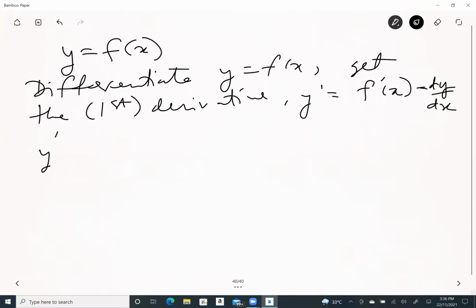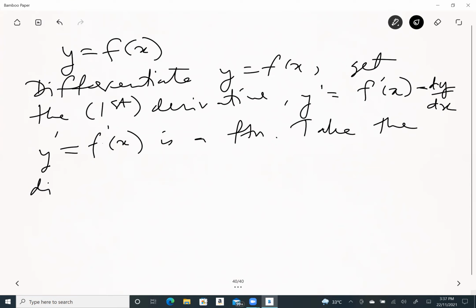Now, y prime is a function. Okay, I think I will write down f prime. That is already in terms of function. So f prime is a function. So if it is a function and if it is differentiable, what can we do? We can take the derivative of y prime.